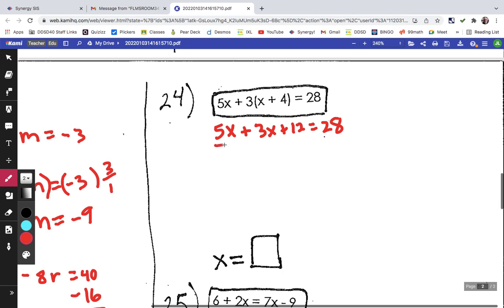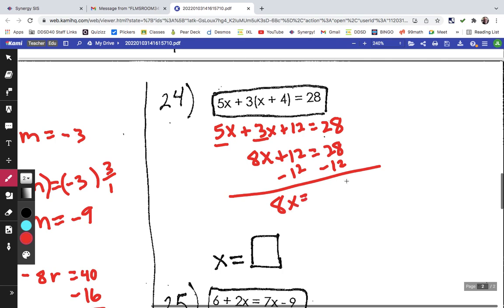So now I'm going to combine 5x and 3x and get 8x plus 12 equals 28. And now I'm going to create a 0. So 8x is going to equal 16. I'm going to create a coefficient of 1 by dividing by 8, and x is equal to 2.